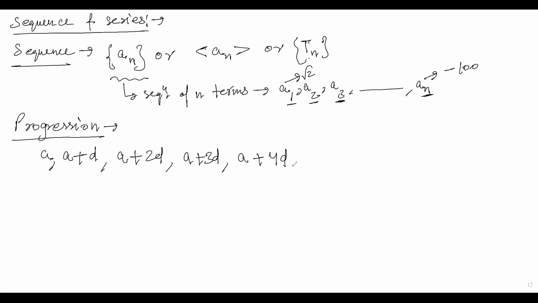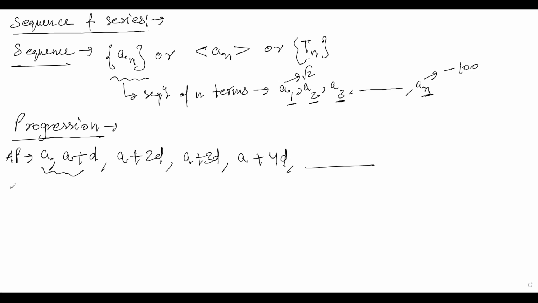So basically what is the sequence? What is this progression? AP is something, a sequence, right? Or a progression in which the difference of any two consecutive terms is same is known as arithmetic progression, right? That is the basic definition of AP. Similarly, there can be more progressions. We have just studied AP, but in this syllabus you will be studying 3 progressions.